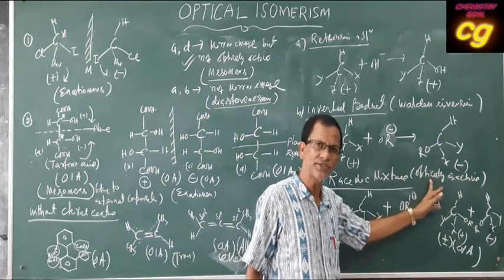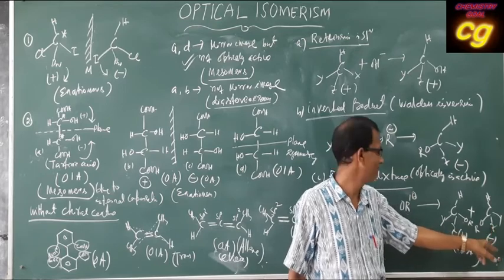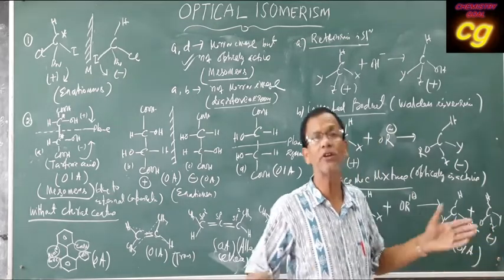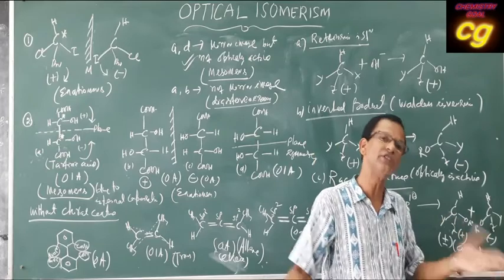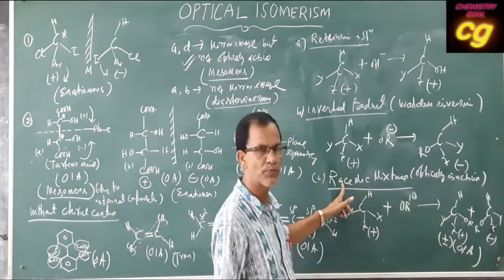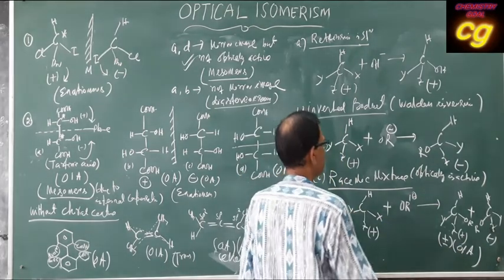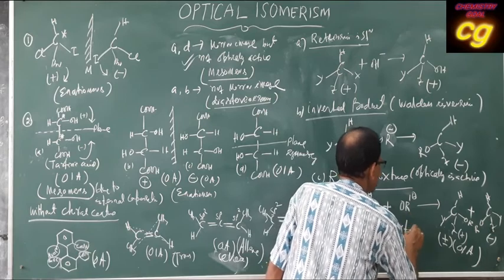Optically inactive means one plus isomer opposes the other isomer. One is coming, the other is opposing, so it is produced optically inactive due to external compensation.